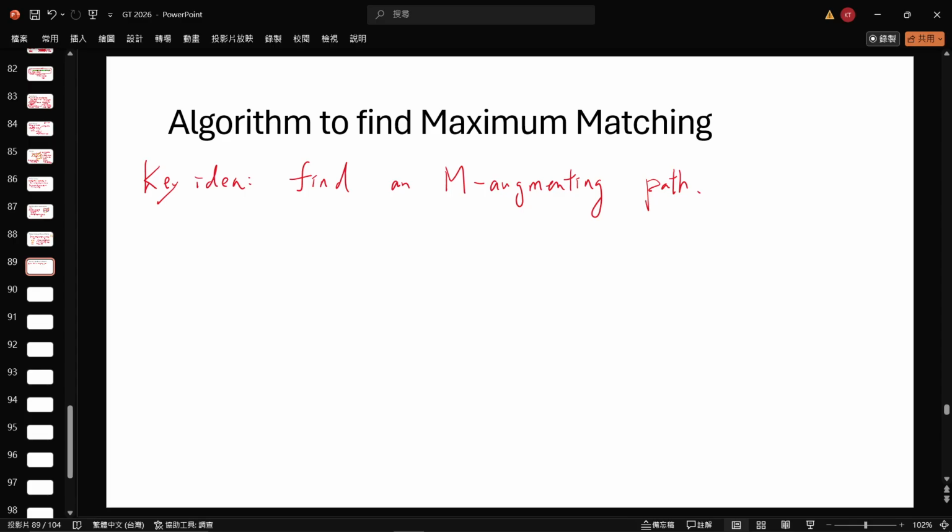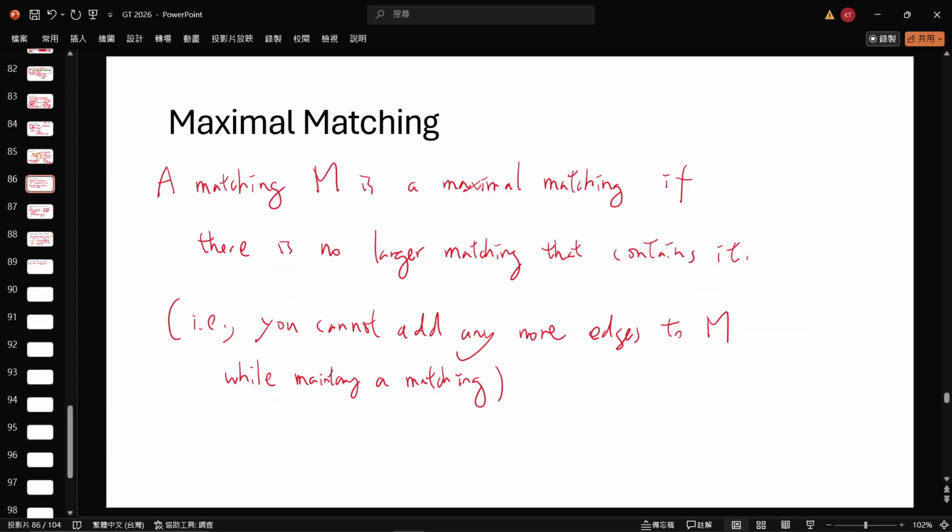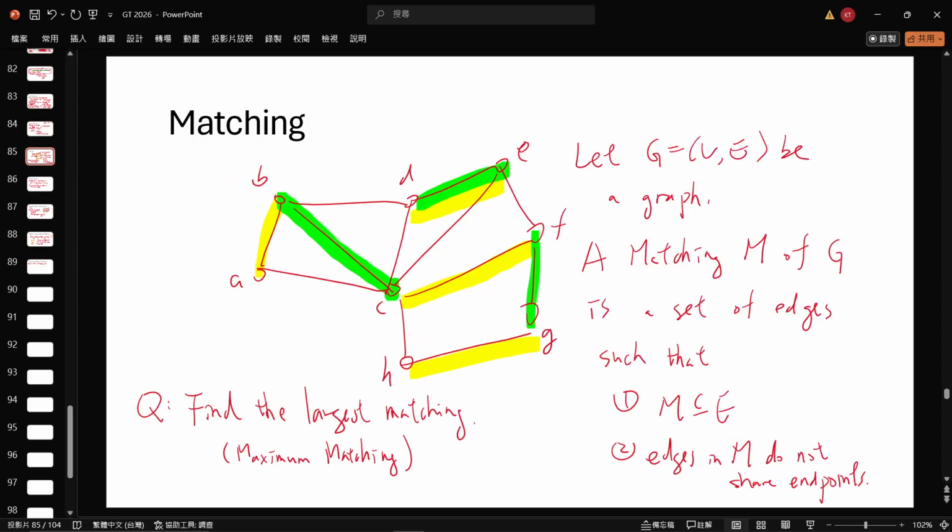But to enlarge a maximal matching, like this green one, we cannot just add edges. You cannot add any edge to it. For example, you cannot add this edge because otherwise these two edges would touch.